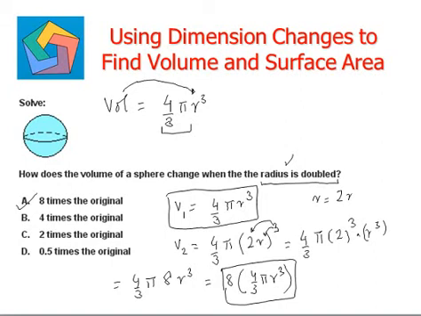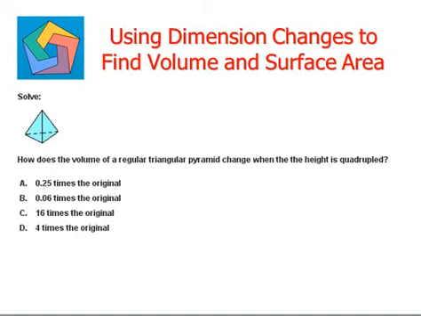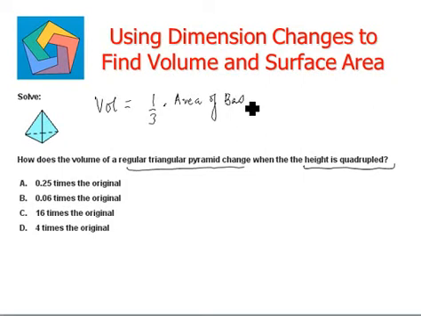Let's look at the next question. How does the volume of a right triangular pyramid change when the height is quadrupled? That means height has become 4 times. So we say volume of a pyramid is given by 1 by 3 times area of base times the height.